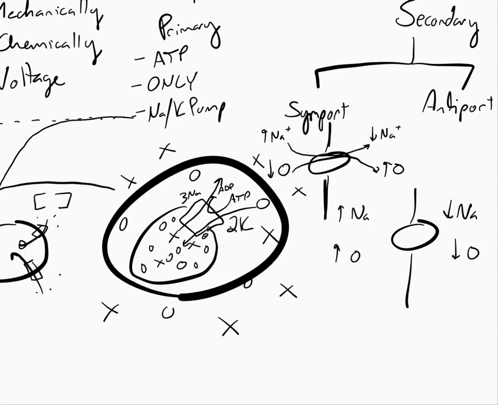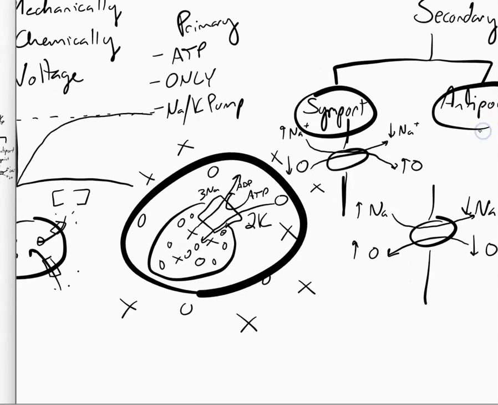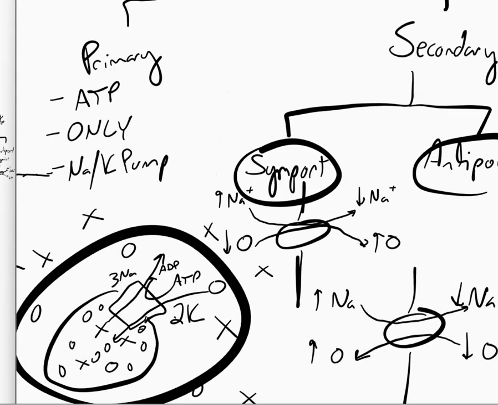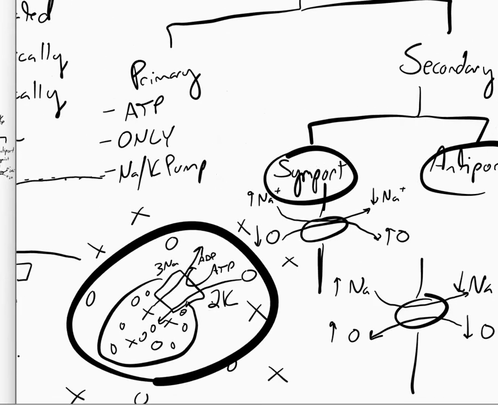So it takes a sodium in, and then because of that, it pushes the molecule we want to push out. So it's opposite. Symport, it's together; antiport, it's against. And so that is secondary active transport, symport and antiport.